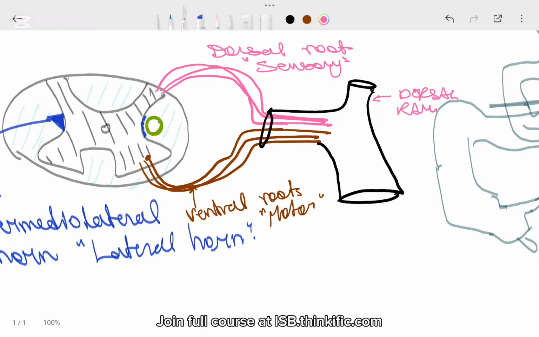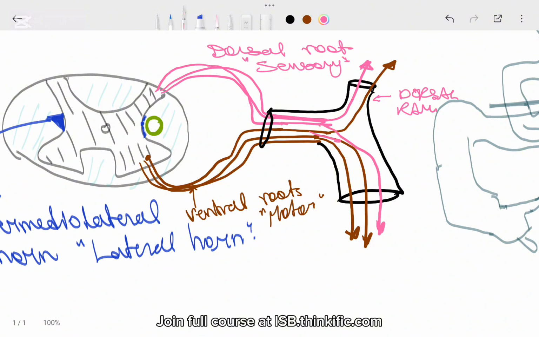So those sensory fibers which supply the back and the midline, and those motor fibers which supply the intrinsic back muscles, pass in the dorsal or posterior ramus, not root. Be careful about this point. Everything else in the body, like muscles in the upper limb and lower limb, receives input through the ventral ramus, both motor and sensory.